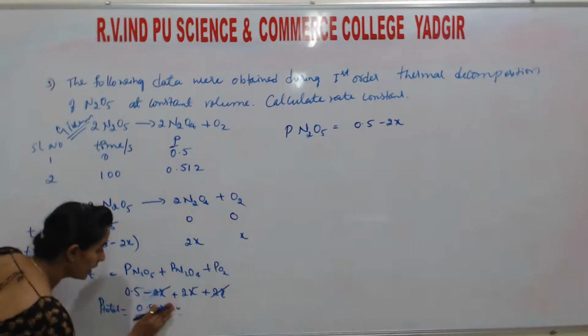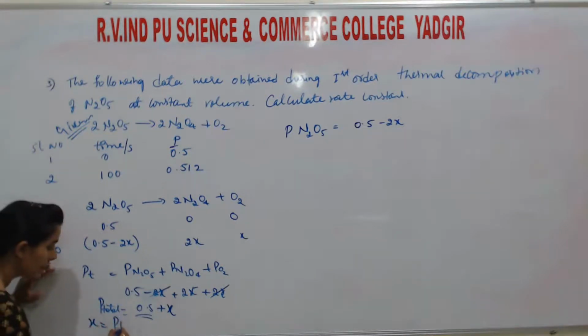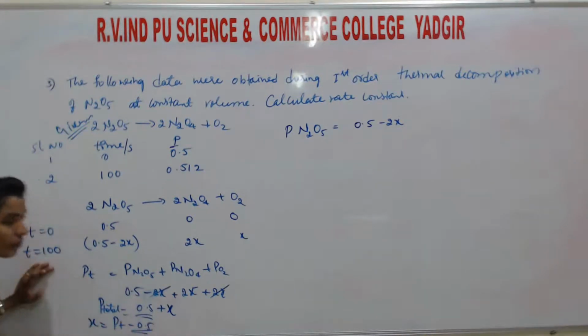Correct? So we will get 0.5 plus x. Then x is equal to what? Pt minus 0.5.